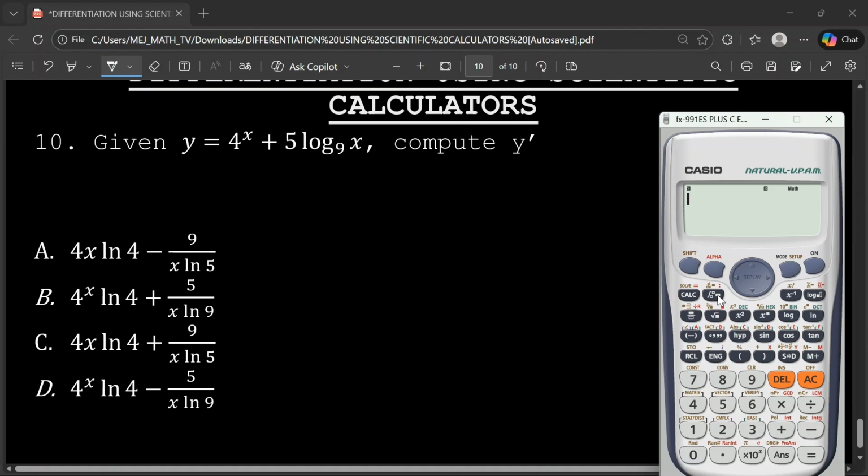Then you have dy dx of 4 to the power alpha x, then plus 5 log to the base 9 of x alpha x, and we will evaluate it at a point 2. And the answer is 23.31.